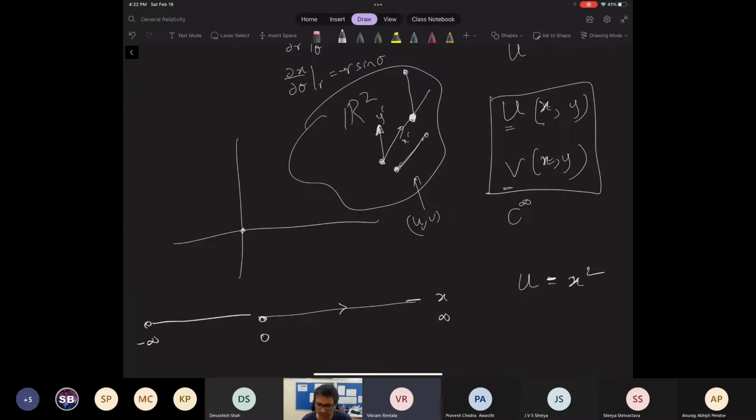But I can't go from minus infinity to infinity because this is not a one-to-one map from x to u. Therefore, the domain of validity of the coordinate u can only be either the positive x coordinates or the negative x coordinates. It can't be both. So that tells you the range of validity of these coordinates, as long as you satisfy this one-to-one criterion.